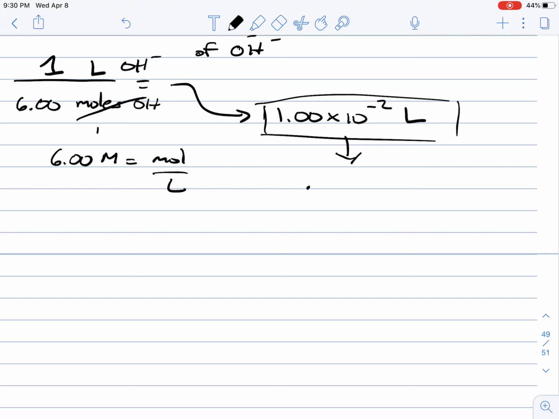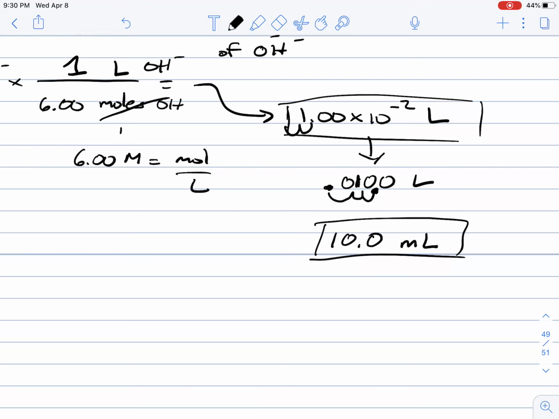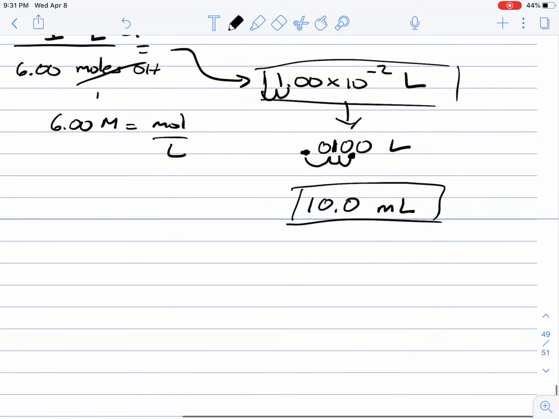So this is going to be 0.0100 liters. And if I were to move this decimal 1, 2, 3 times, I get 10.0. Since I moved it 3 times to the right, that represents milliliter. And so 10 milliliters is something that we're comfortable measuring using a graduated cylinder or some type of other volumetric device.